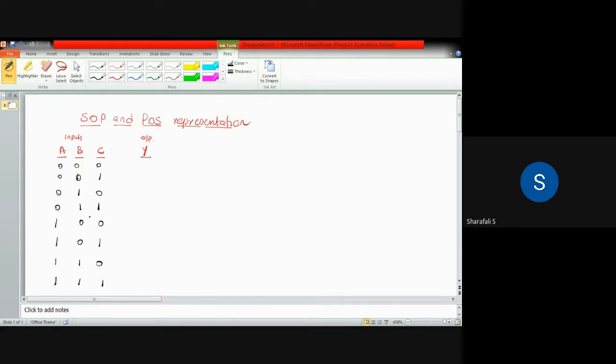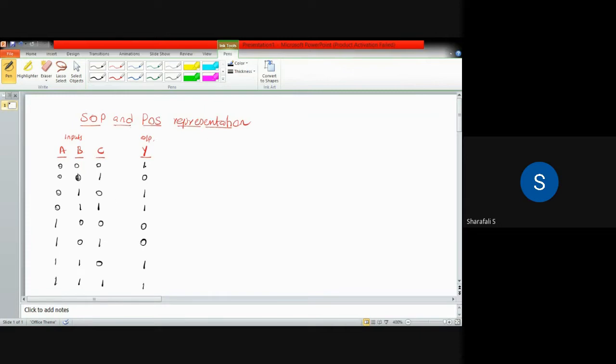Let's consider truth table like this, which means that you are varying these inputs A, B, C, okay, 0, 0, 0, 0, 0, 1, like that. And correspondingly, you will be getting output like, for example, 1, 0, then you're having 1, 1, then you're having 0, 0. So if we consider this truth table, how we can formulate SOP and POS form from this particular truth table?